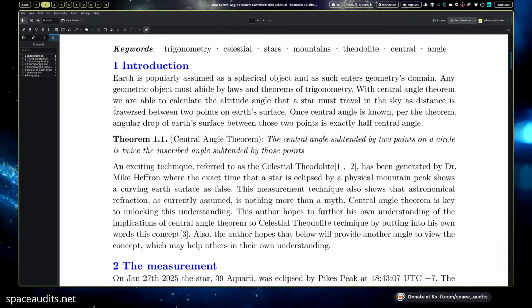With central angle theorem, we are able to calculate the altitude angle that a star must travel in the sky as distance is traversed between two points on Earth's surface. Once the central angle is known per the theorem, the angular drop of Earth's surface between those points is exactly half the central angle. You have probably heard me talk about this, where I refer to the central angle as gamma and Earth curvature as half gamma.